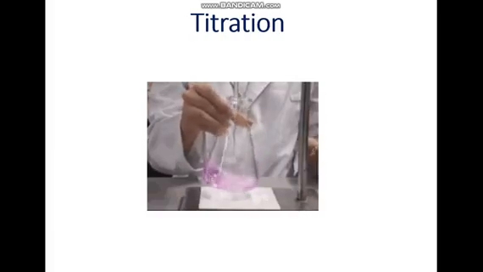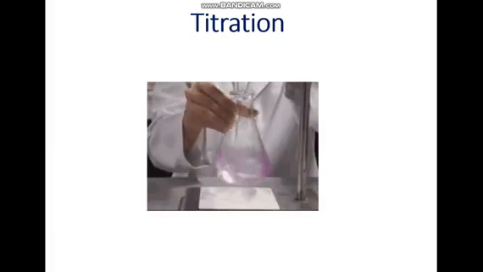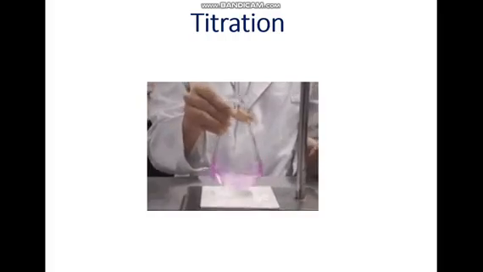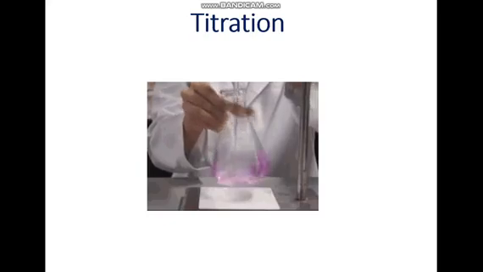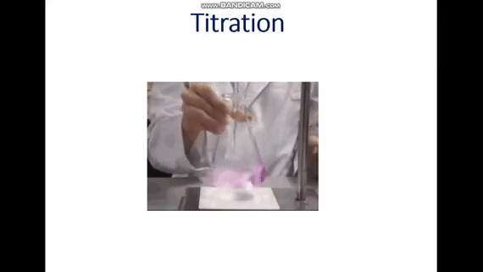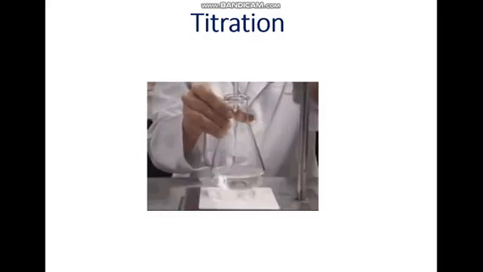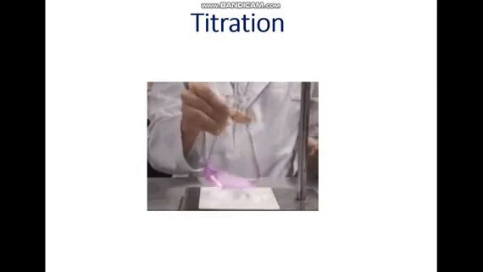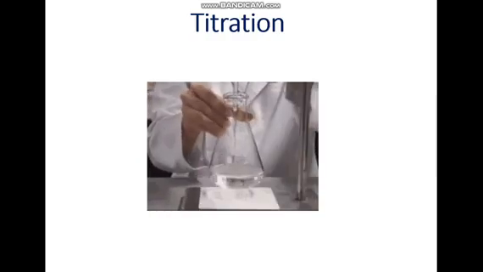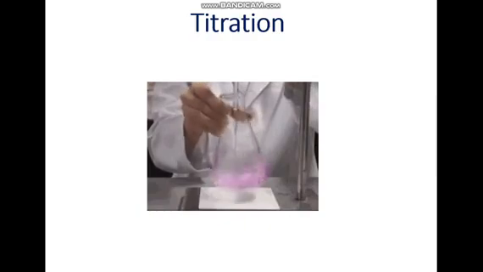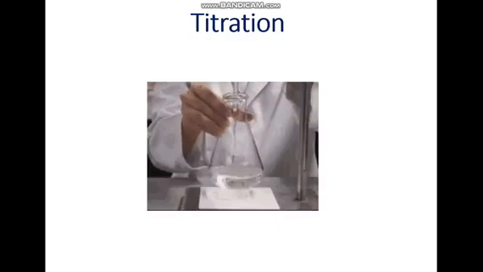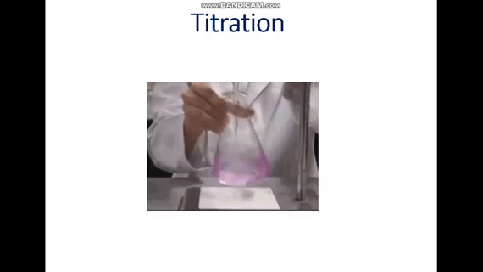Therefore, titration involves two solutions. Let's say solution A with known concentration and solution B with unknown concentration. So with titration, the concentration of solution B can be determined by slow addition of solution A into solution B until end of reaction.